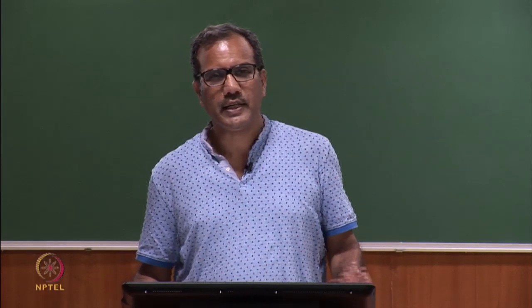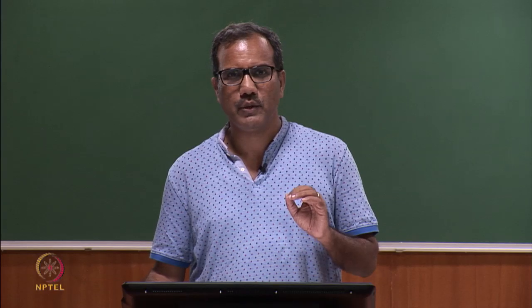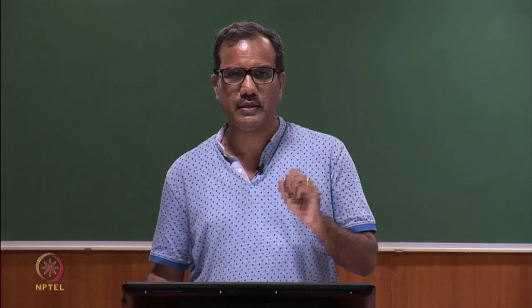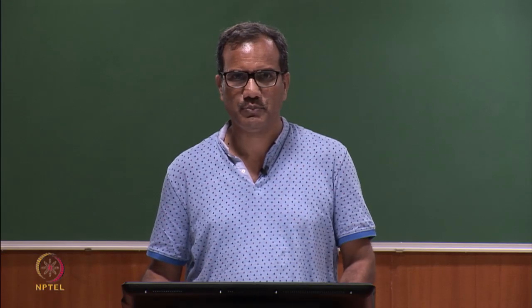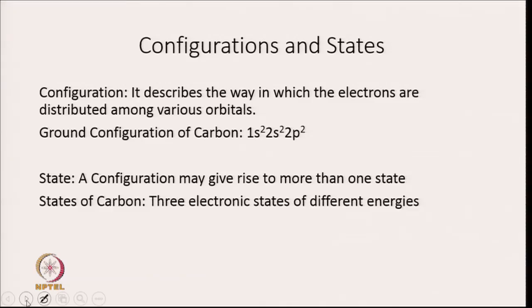For a multi-electron system, we need to understand two different concepts. One is called configuration and the other is state. Configuration describes the way in which the electrons are distributed among various orbitals. For example, if I take the case of carbon, the 1s orbital has 2 electrons, the 2s orbital has 2 electrons, and the 2p orbital has 2 electrons.